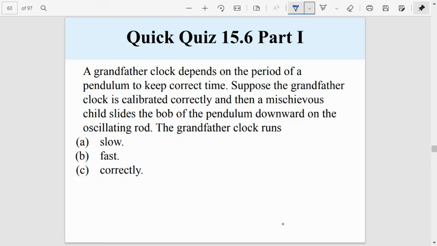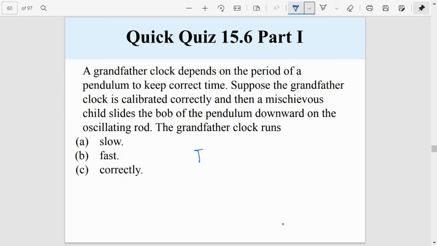Basically, the grandfather clock has a certain fixed period, which we know is proportional to the square root of the length of the pendulum over the gravitational constant. What's happening in this question is that the child has essentially made the pendulum longer.